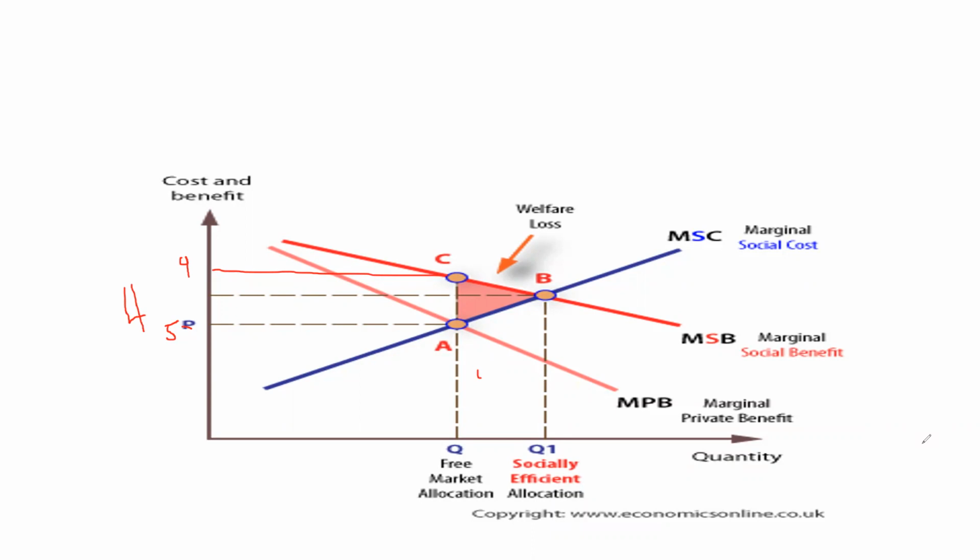They also like to ask at A, is the marginal private benefit greater than the marginal social benefit? Well, look at A, the marginal private benefit would be in tune with the line 5. The marginal social benefit would be 9. So no, the marginal private benefit is not greater, okay? And then they could also ask the same thing: at the market price, is the marginal social cost greater than the marginal social benefit?